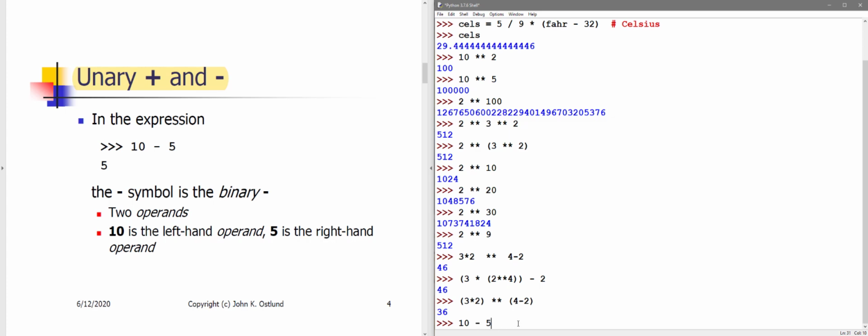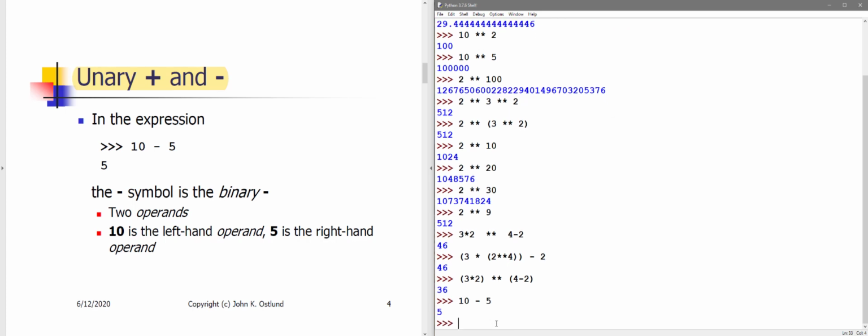It has a value on the left and another value on the right. These are referred to as the operands, the left-hand operand and the right-hand operand of this subtraction. And I compute 10 minus 5 to get a result 5.